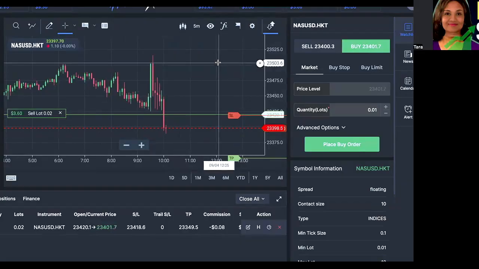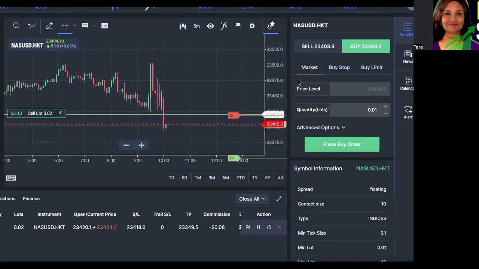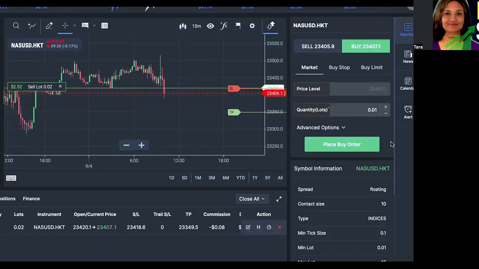And if it doesn't continue to our TP, then we know that it's okay, because we've already moved our stop loss into profit or break even, and we have secured some profit. And this is how our runner looked on the 15-minute time frame.